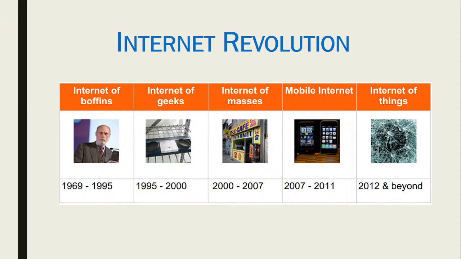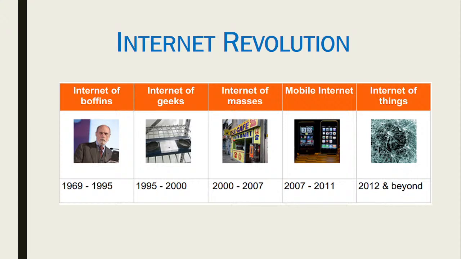The word boffin means a researcher or academic who is developing something for industry, the military, medicine or whatever it is. These researchers and academics are called boffins. The Internet of Boffins means the era from 1969 onwards.